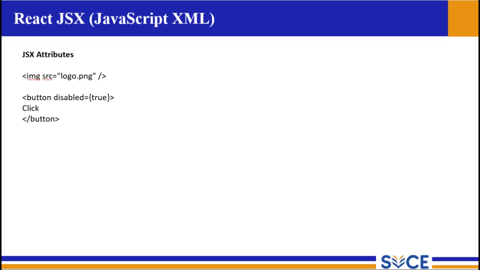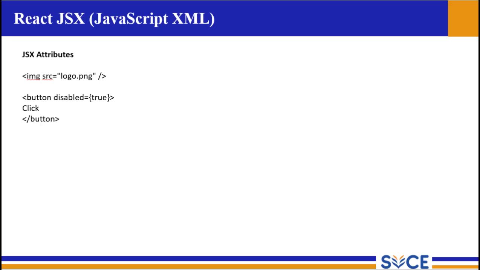These attributes provide additional information about an HTML element and define how that element behaves or appears on the web page. JSX also supports attributes similar to HTML. However, since JSX is actually a syntax extension of JavaScript, it provides much more flexibility than traditional HTML.